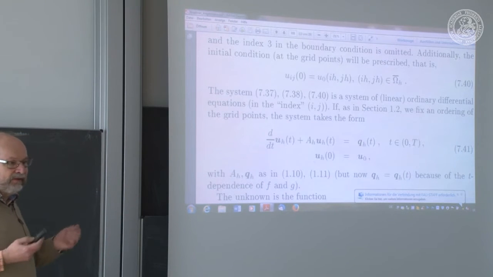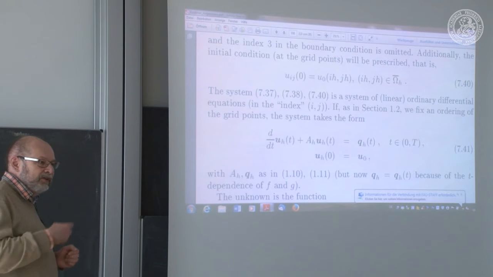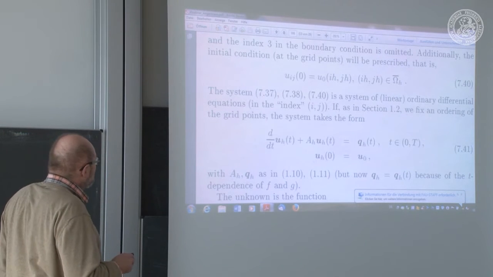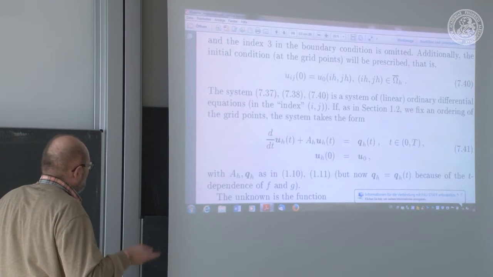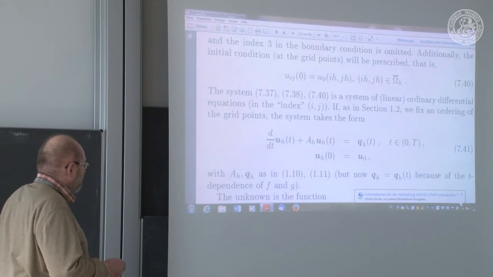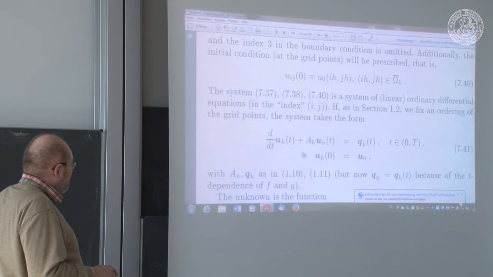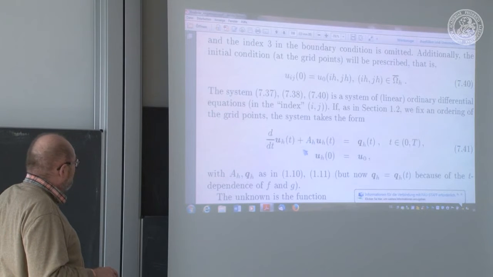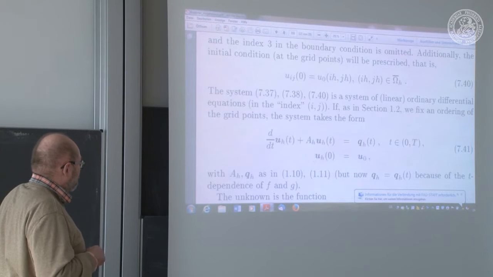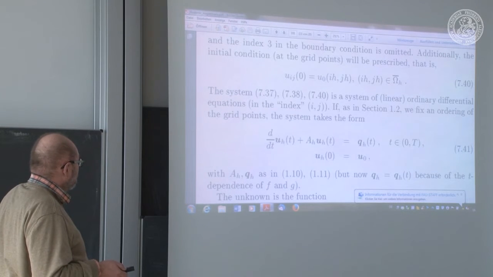Actually, more modern methods do not do that. There are also nonlinear approximations for linear problems, if one wants to have more conditions to be fulfilled than one can with linear approaches. But in any case, here we have a linear approach, so we get a matrix here, we get a linear mapping. So this is a linear system of ordinary differential equations.